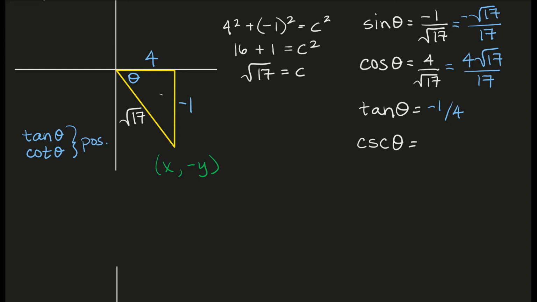So I'm going to say this is the square root of 17 over negative 1, which gives me negative root 17. And now I'm looking for secant, and I'll flip cosine. So here, this would be the square root of 17 over 4.